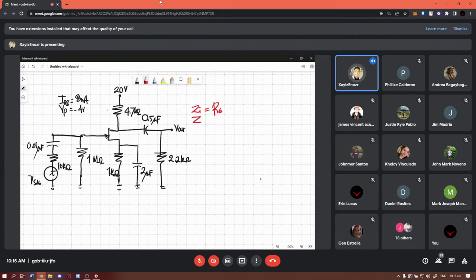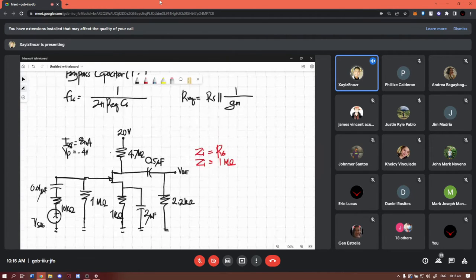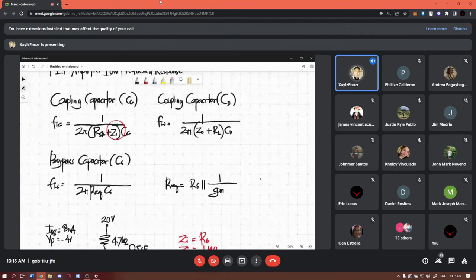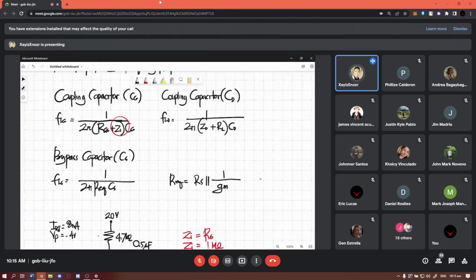Therefore, our Zin, the resistance at the gate, is the same as the input impedance, which is 1 megaohm. That is the only requirement for the low frequency response of the coupling capacitor at the gate.